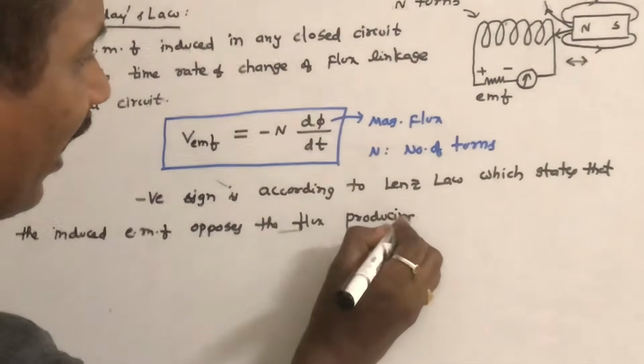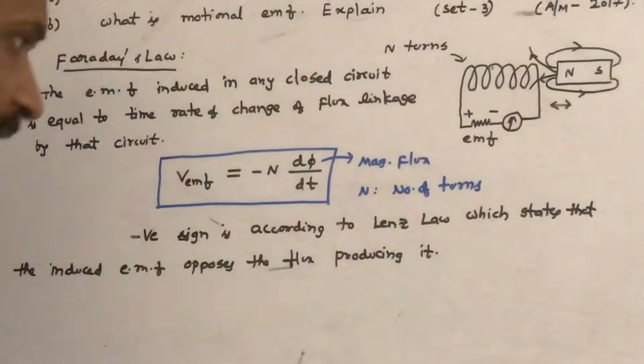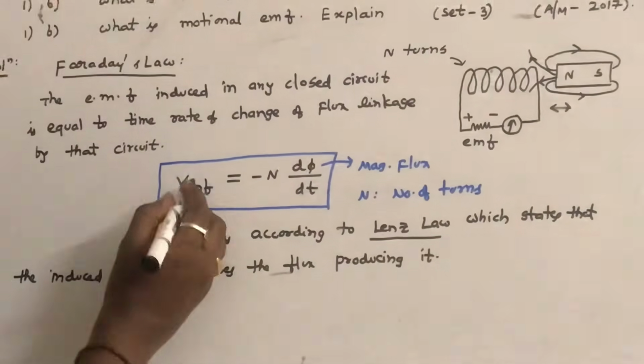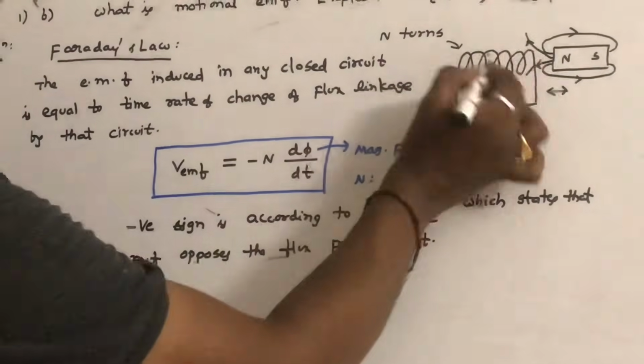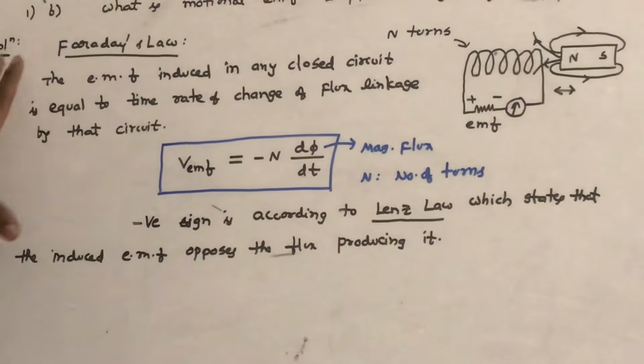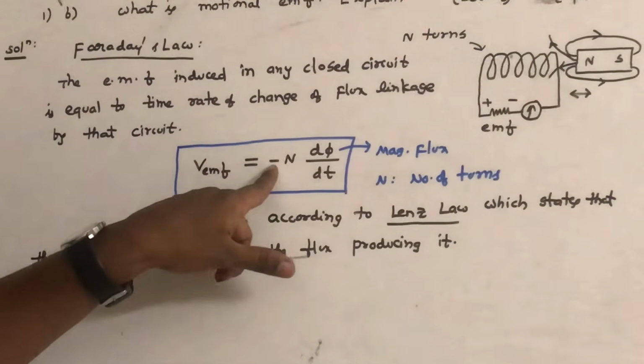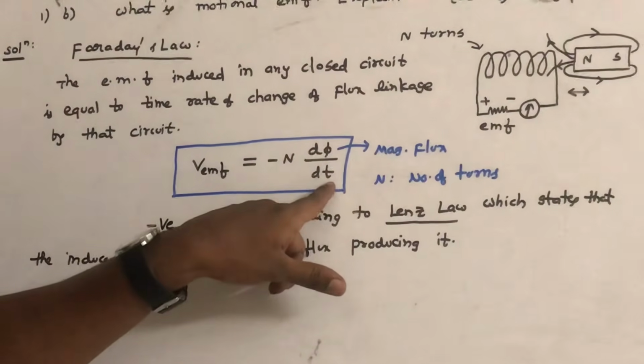This is what you have to write. The negative sign here is according to Lenz law. So this is called Lenz law. This is what you have to write about Faraday's law. Very simple equation: EMF is equal to minus n into d phi by dt.